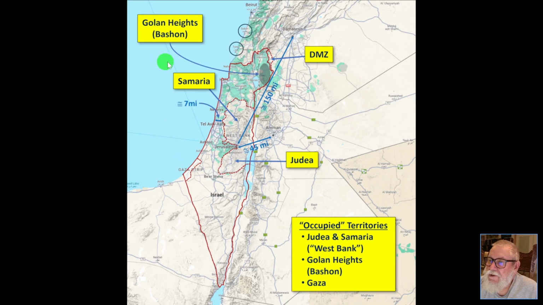They also took this area up here, this gray area, known as the Golan Heights. In the Bible, that's known as Bashan. And then over the intervening years, by the way, in the 1973 war, the Yom Kippur War, the Israelis held on to the Gaza Strip and the West Bank and the Golan Heights.